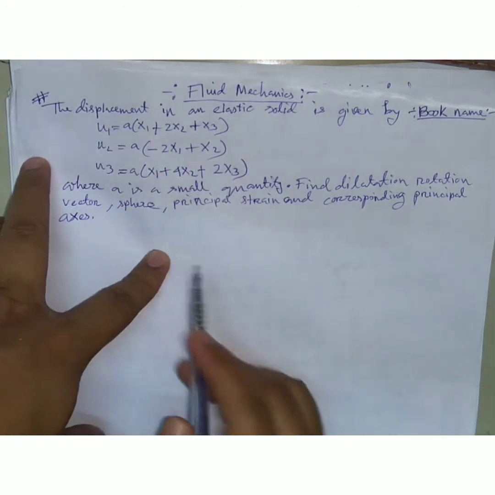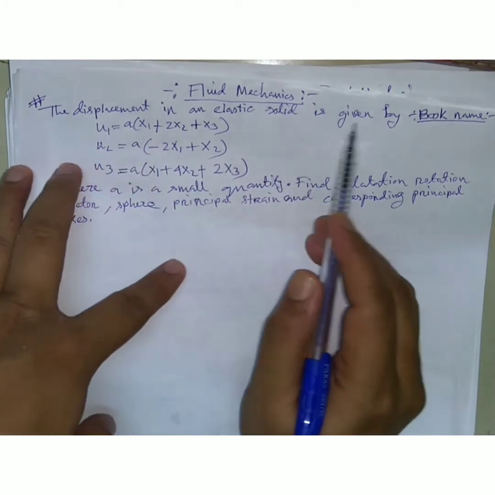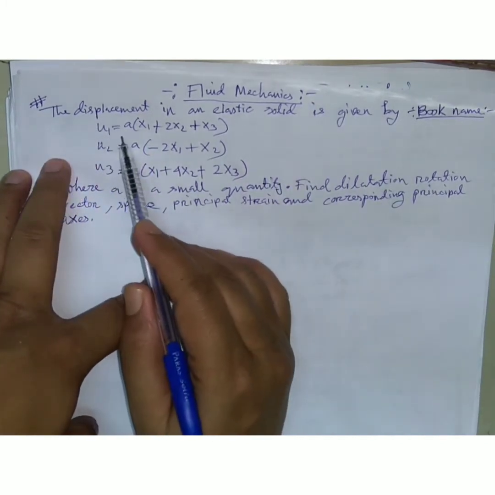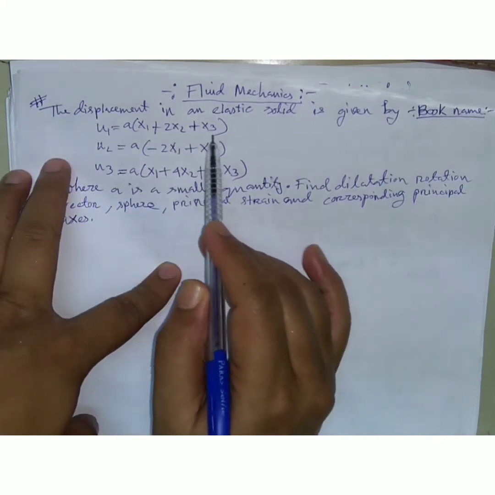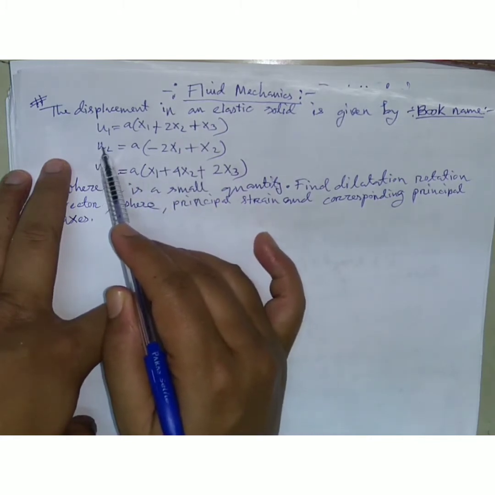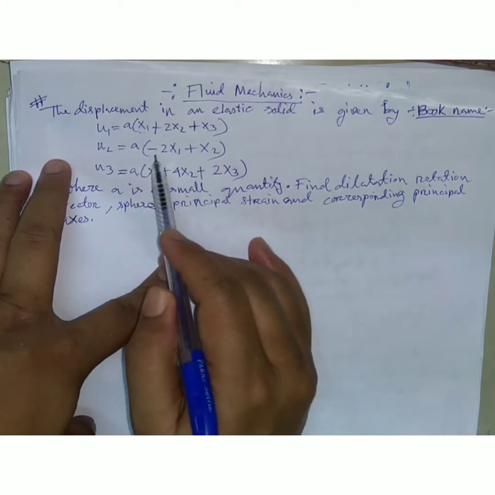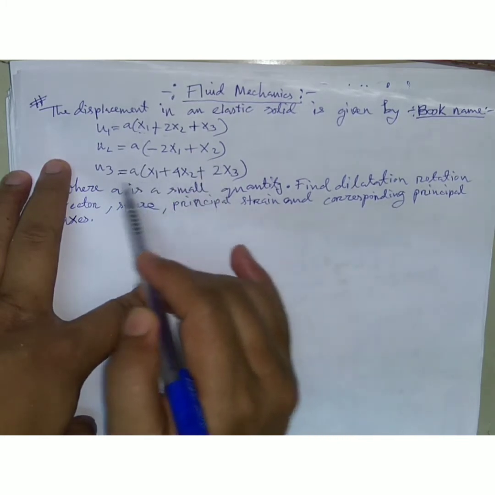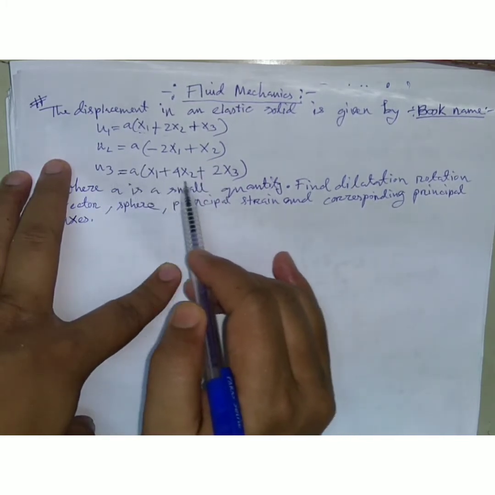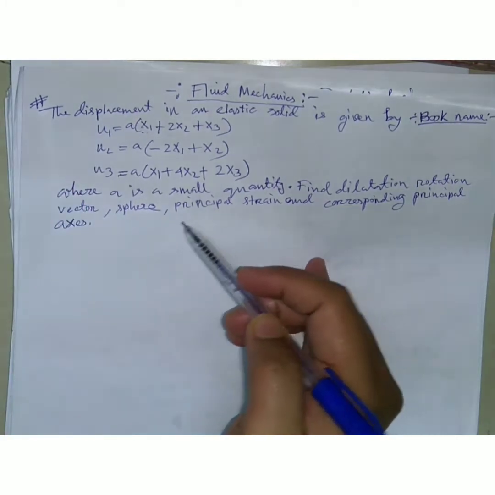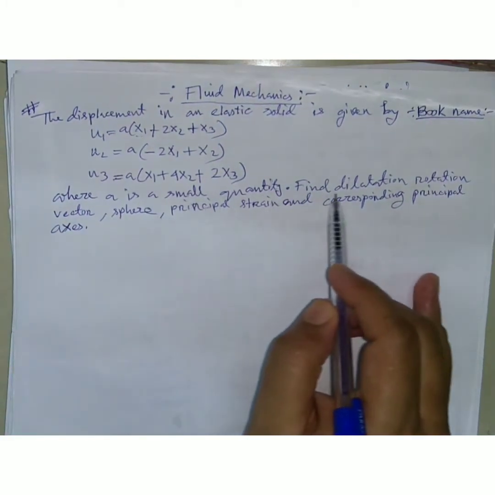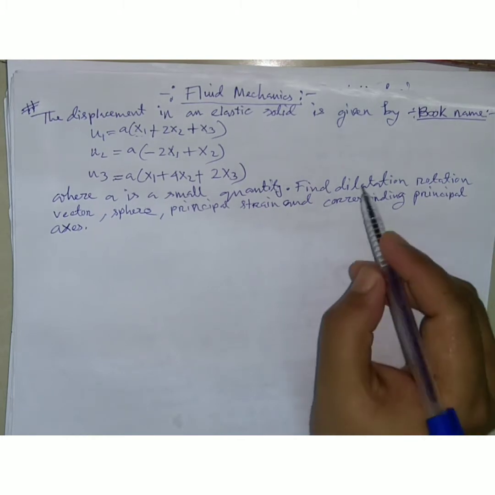The displacement in an elastic solid is given by u1 is equal to a into x1 plus 2x2 plus 2x3, u2 is equal to a into minus 2x1 plus x2, u3 is equal to a into x1 plus 4x2 plus 2x3. Here a is a small quantity. Find dilatation.